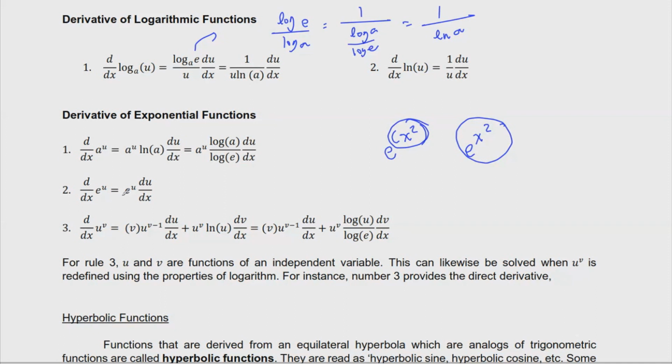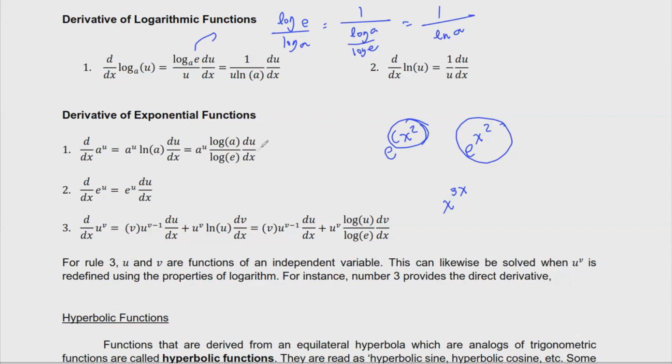And now I think this is the most complicated one for all exponential functions. That is, if we have u to the v. So u to the v is something like you have two independent variables expressed in exponential functions. So, for example, you have x raised to 3x. This is one of the examples that I can give you.